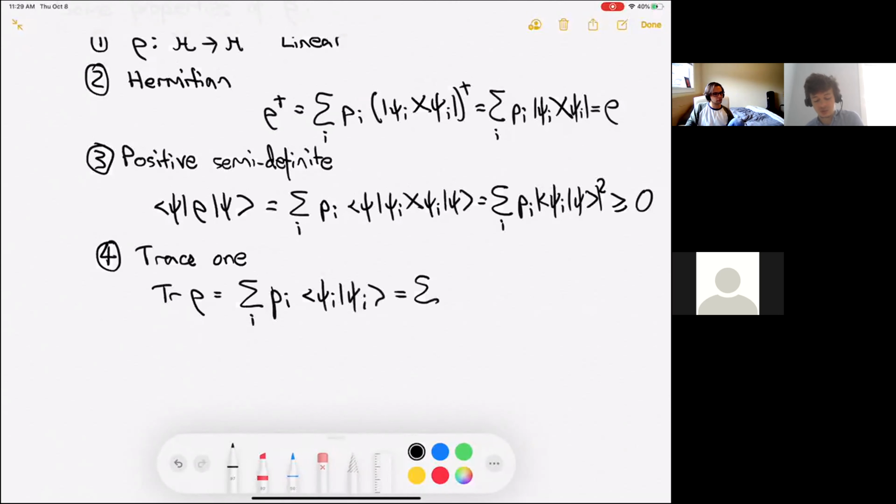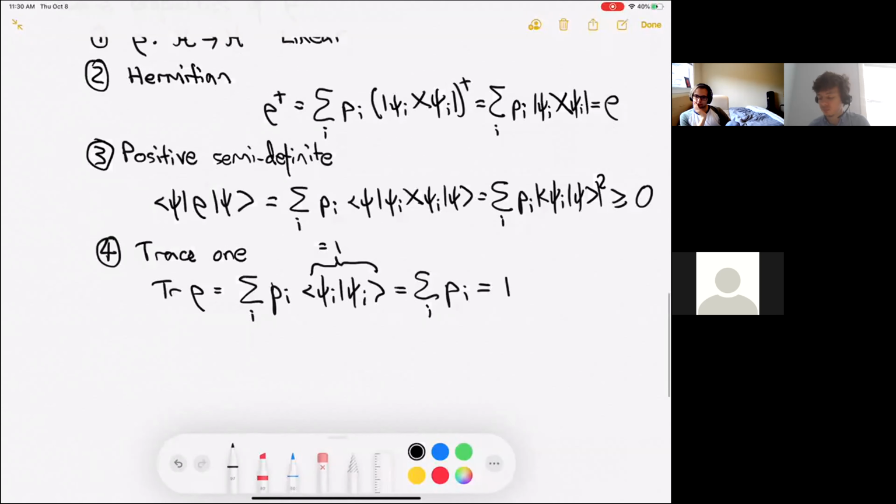So that's just equal to 1 because the psi_i's are normalized. It's the sum over i of probabilities, sorry, which of course all add up, not to 0 as I just stupidly wrote, they add up to 1.